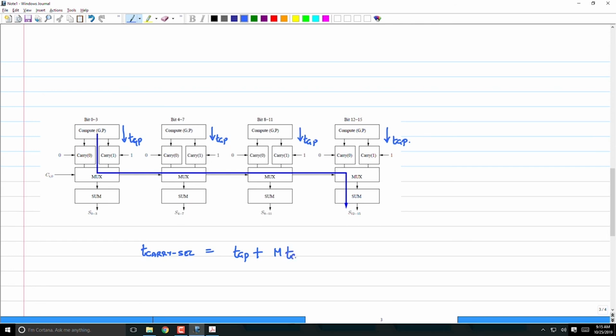M times T carry. Right? Now, how many multiplexers do I have to bypass? At least n by m minus 1, like the last case. Right? Only thing is, what about that last multiplexer?